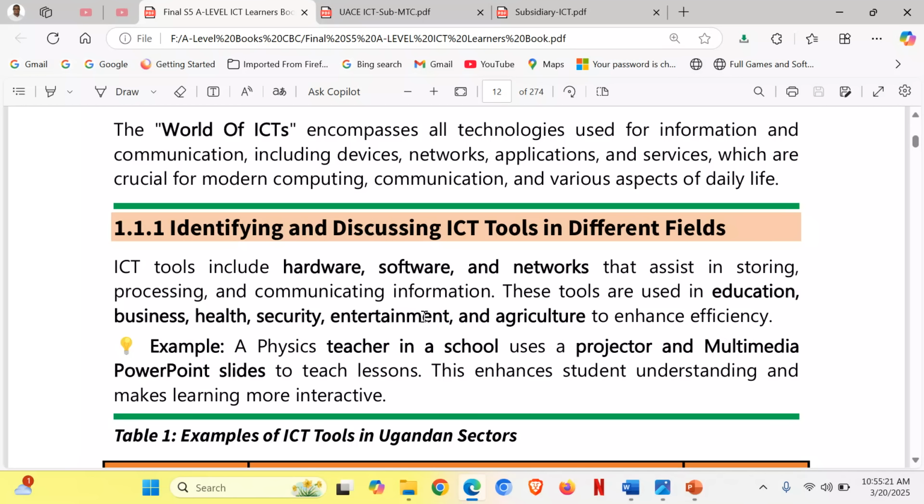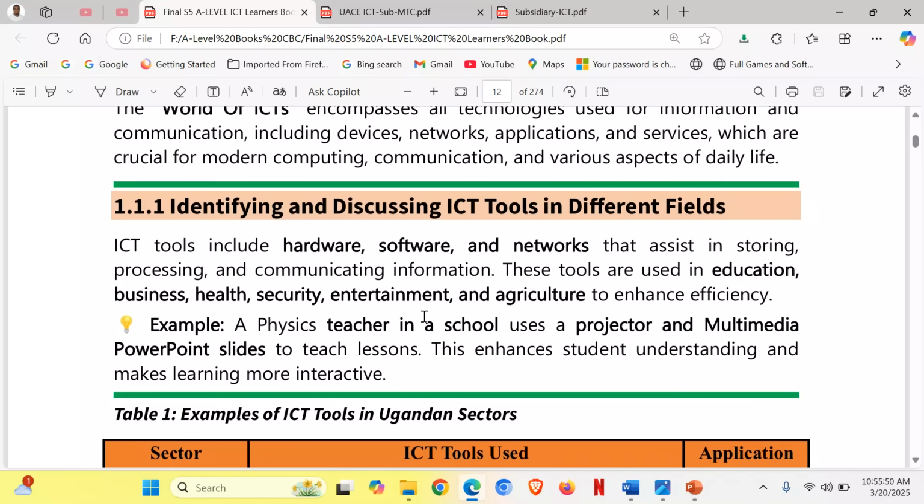These tools are used in education, business, health, security, entertainment, and agriculture to enhance efficiency. For example, a physics teacher in a school uses a projector and multimedia PowerPoint slides to teach lessons. This enhances student understanding and makes learning more interactive.